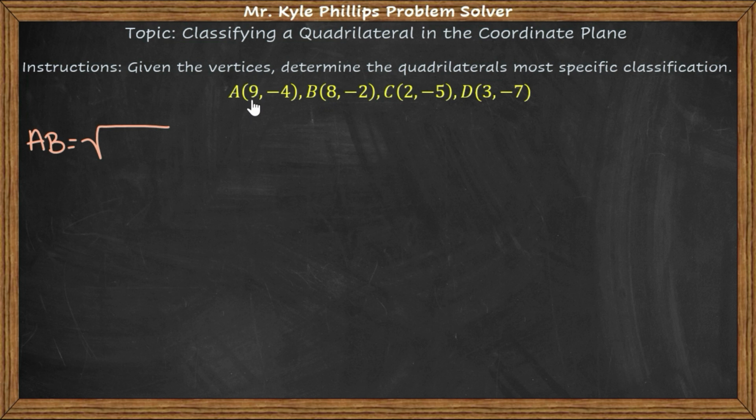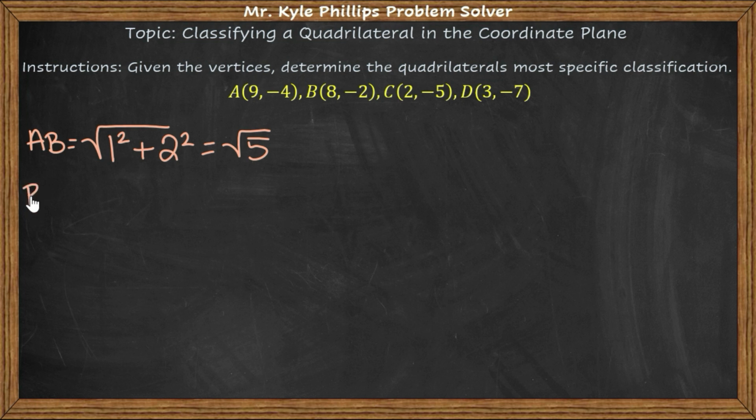What is the distance between the number 9 and the number 8? Well, that distance is 1. So then we square it. And then we find the distance between the y's. What's the distance between -4 and -2? That distance is 2, and then we square it. So here, 1 squared is 1, 2 squared is 4, so this is the square root of 5.